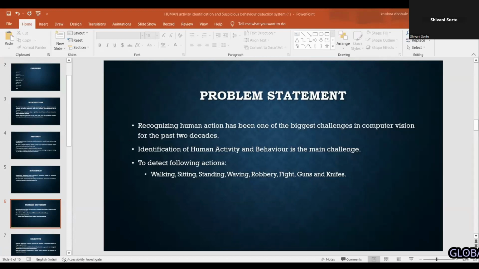You are working on an image processing based detection system, right? Yes, sir. Okay. So you are working on detection of human actions like walking, sitting, standing, waving, fight, etc. Right?